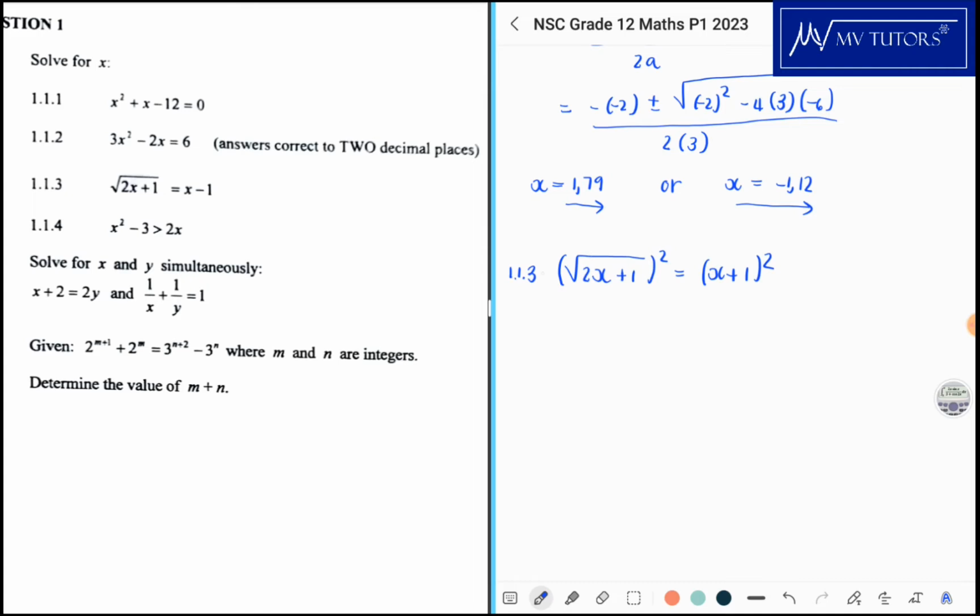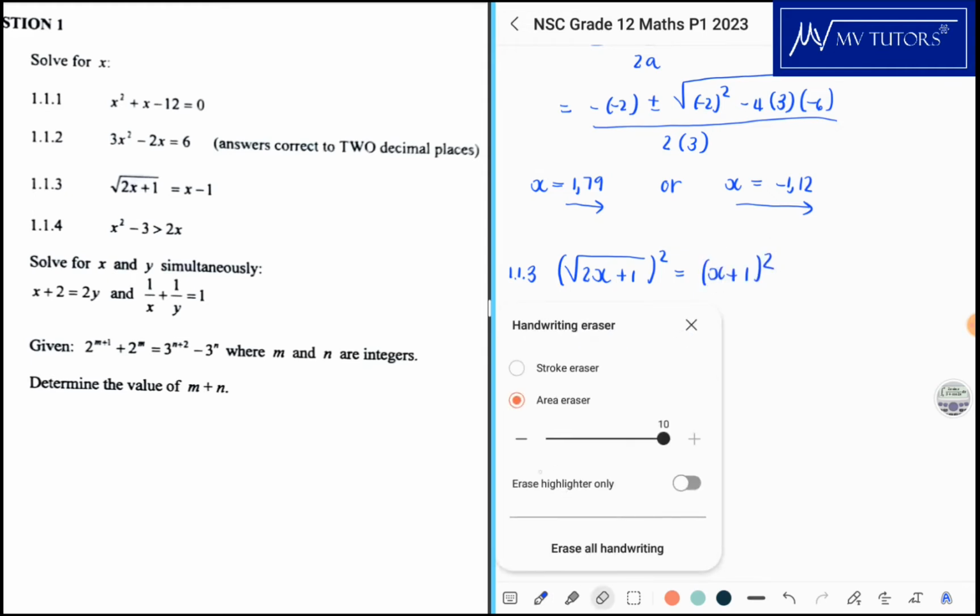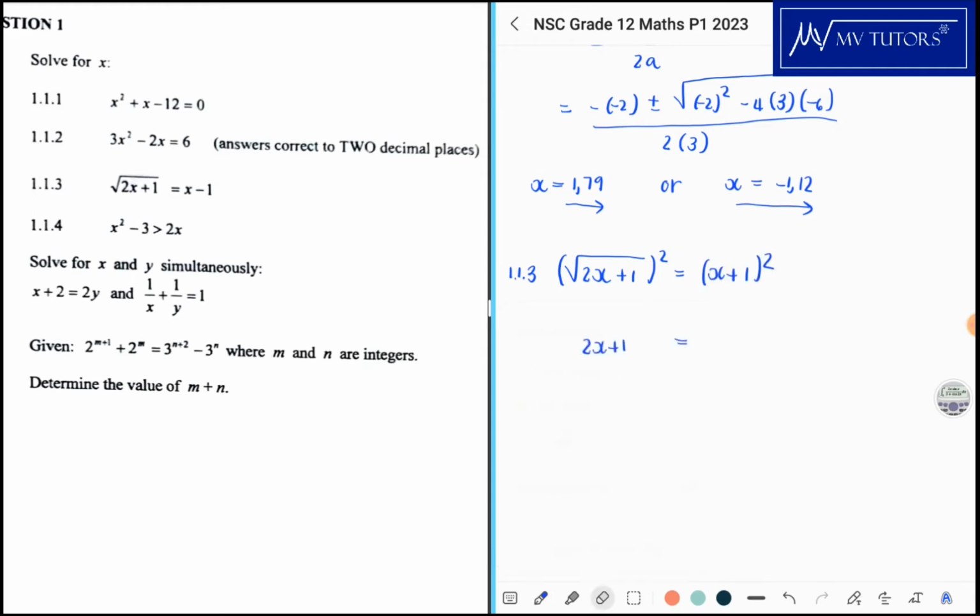The square on the left hand side is going to take away the square root, so we're left with 2x plus 1. And on the other side, x plus, oh, why did I write a plus? Let me just reduce the size. Okay, so it's supposed to be minus. Silly errors. So we have x minus 1.